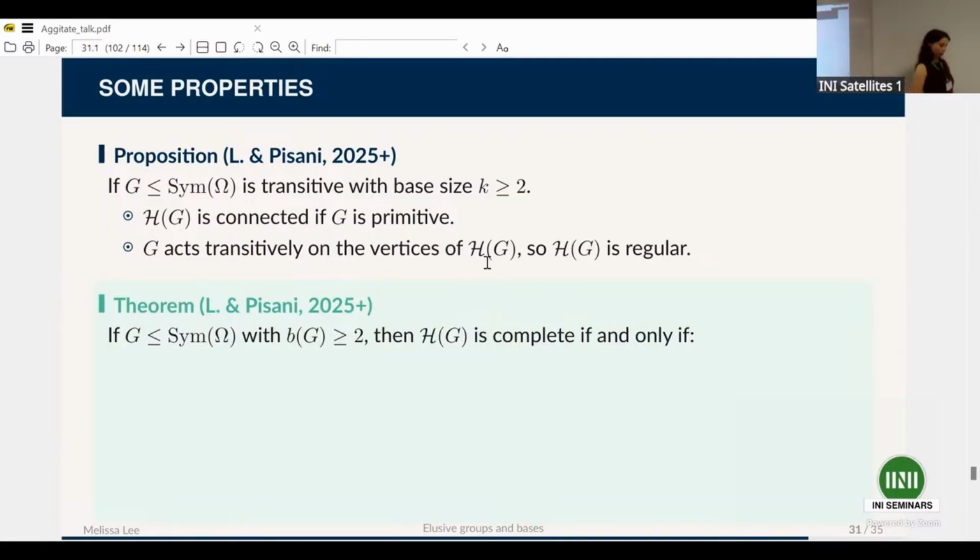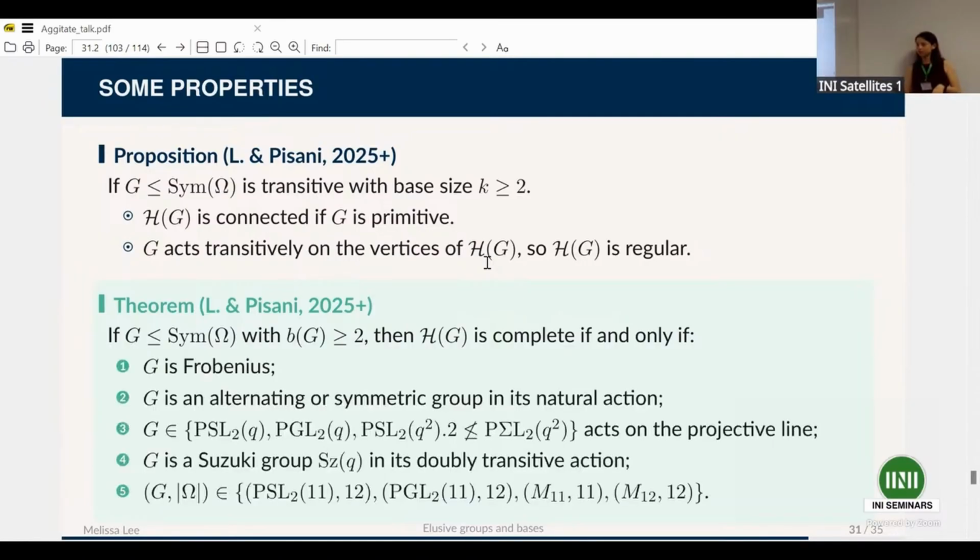So in the hypergraph, our definition of completeness is that, suppose your base size is k, then every set of k vertices forms a base for your group. And because this is very strong, and in particular stronger than we had for the previous definitions, we're actually able to find a complete classification of cases where this Saxon hypergraph is complete.